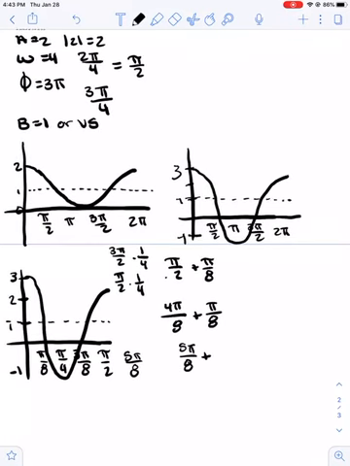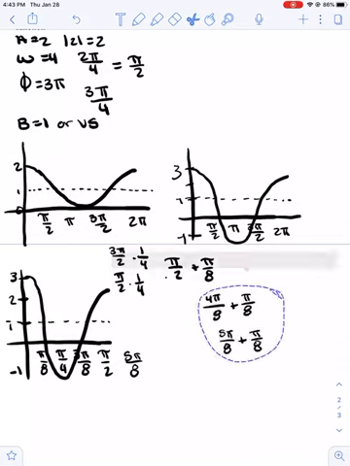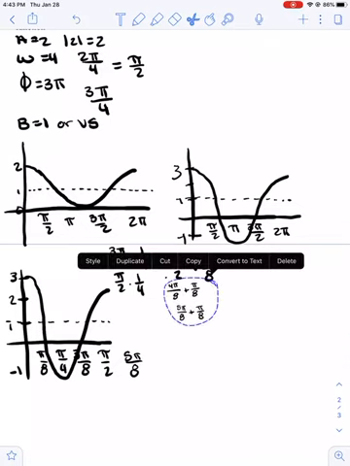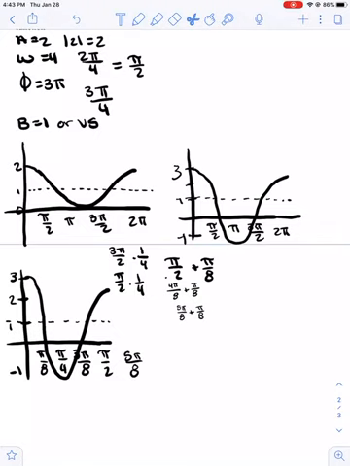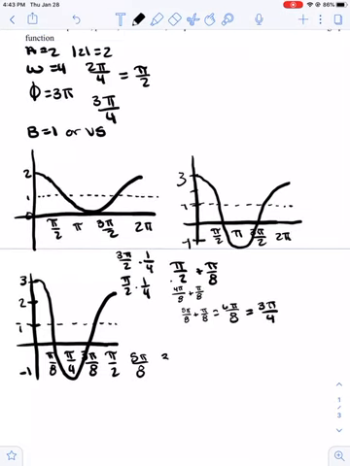And then 5 pi over 8 plus pi over 8 is 6 pi over 8, which can be simplified to 3 pi over 4. So 3 pi over 4.